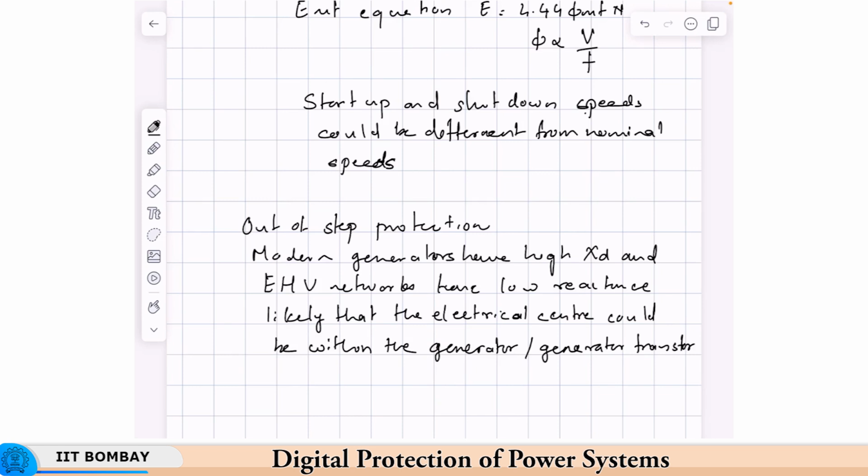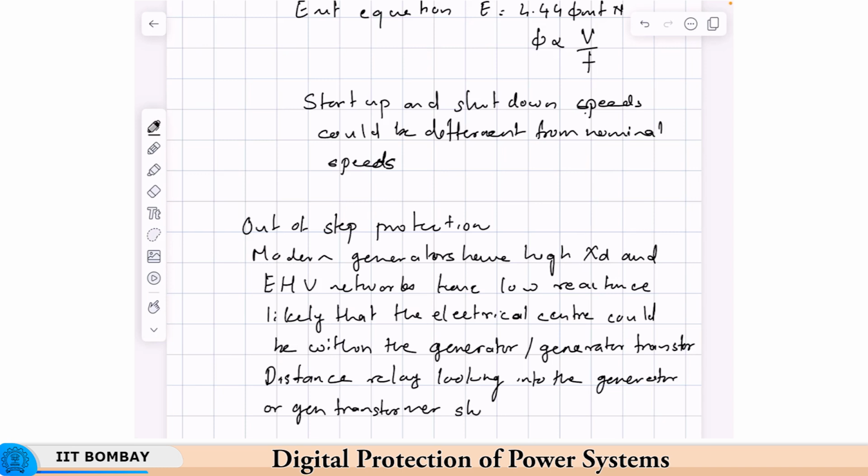So, to protect against that, a distance relay looking into the generator or generator transformer should be installed.